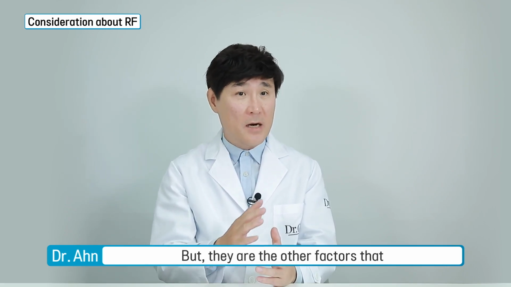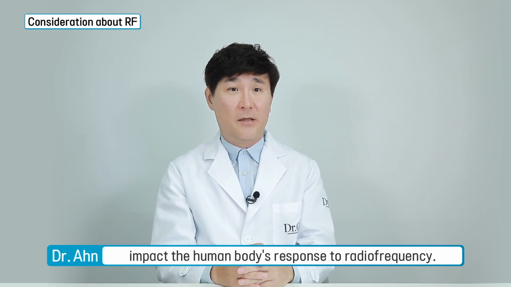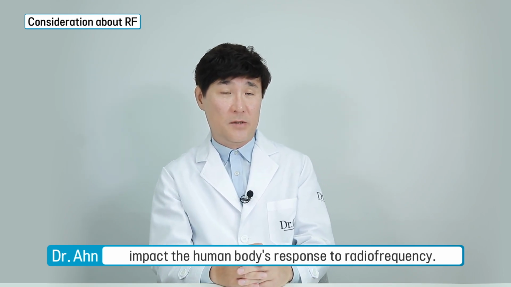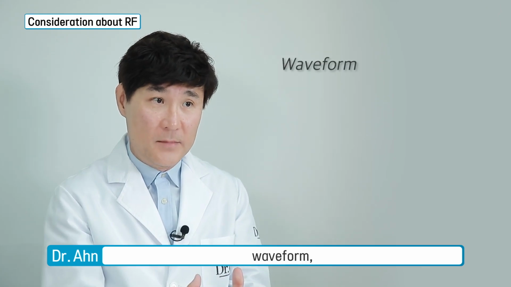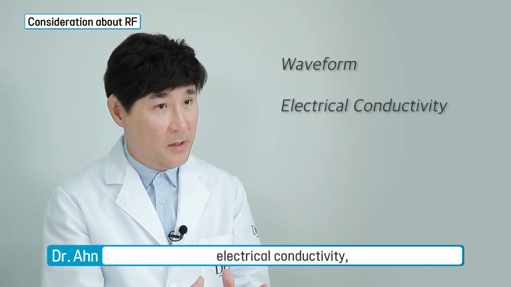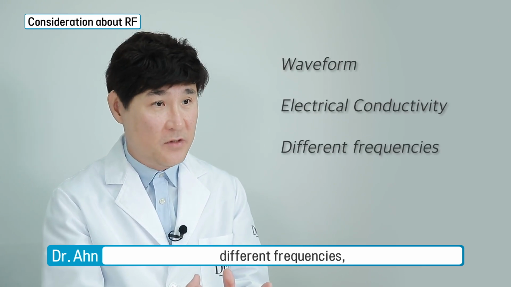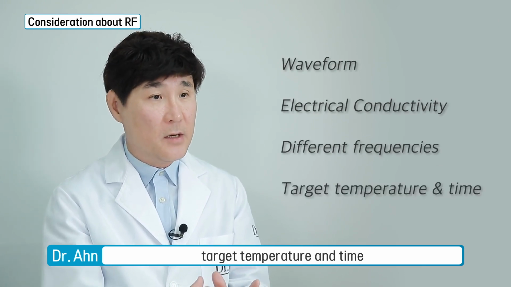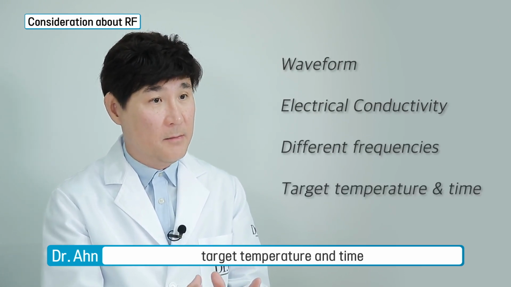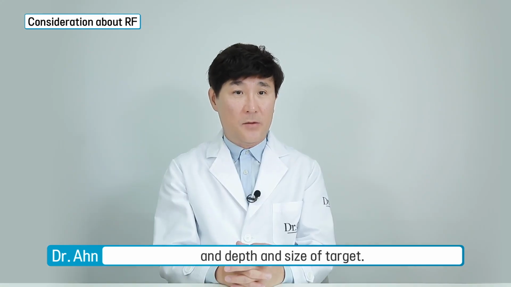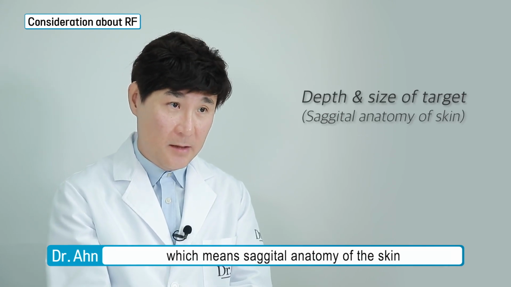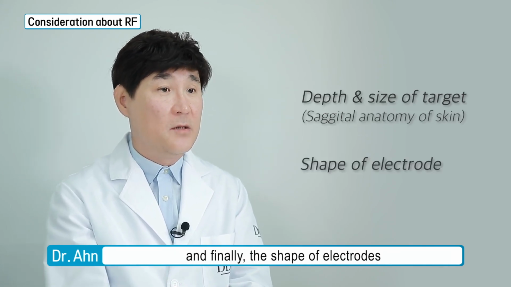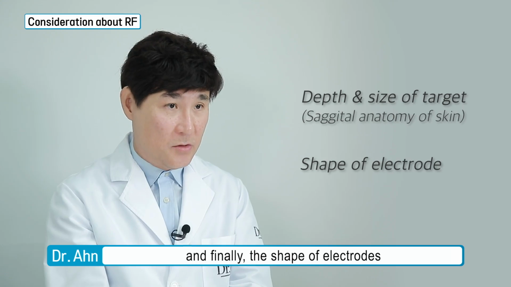But other factors affect the human body's response to radiofrequency: waveform, electrical conductivity, the different frequencies, the target temperature and time, and the depth and size of the target, which means the sagittal anatomy of skin, and finally, the shape of the electrode.